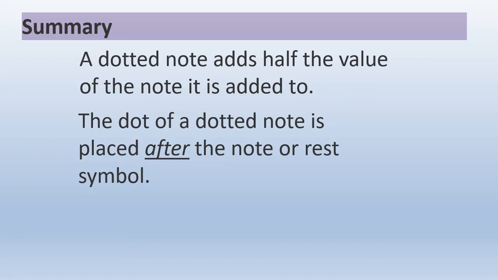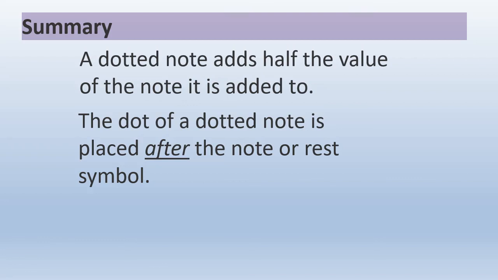That is what makes it a dotted note or rest. Of course, it's possible to have a dot on top, but then it will not be a dotted note. If it's on top, that is a musical expression. If it's underneath, it means another thing. But the moment it's after the note, it's a dotted note, and it affects the duration of the note it is placed after.